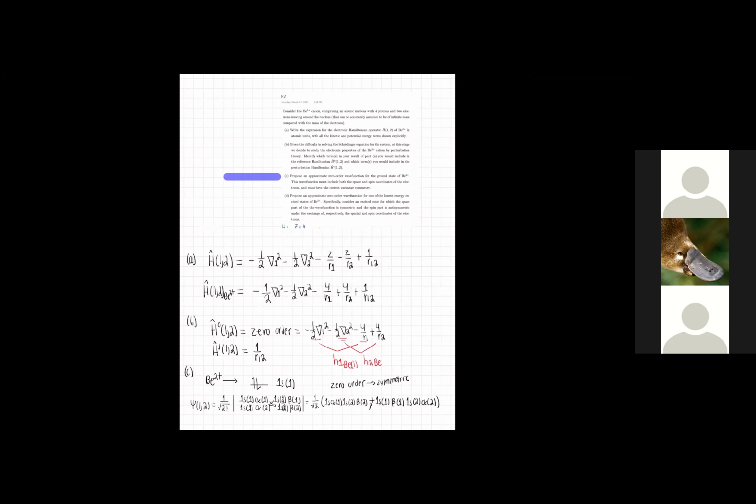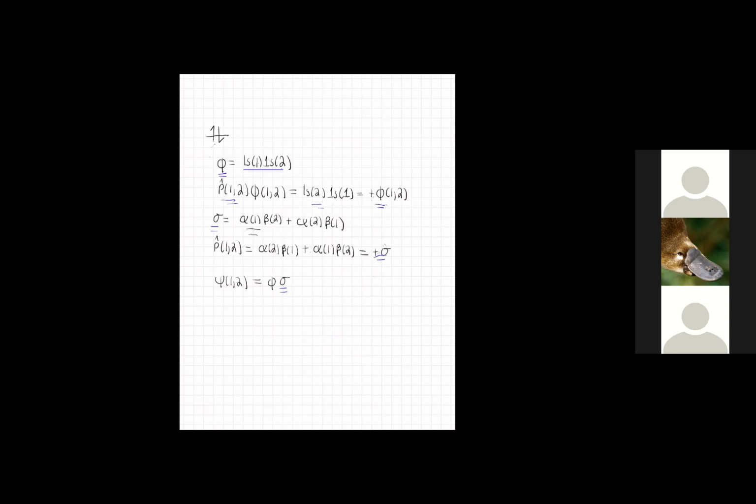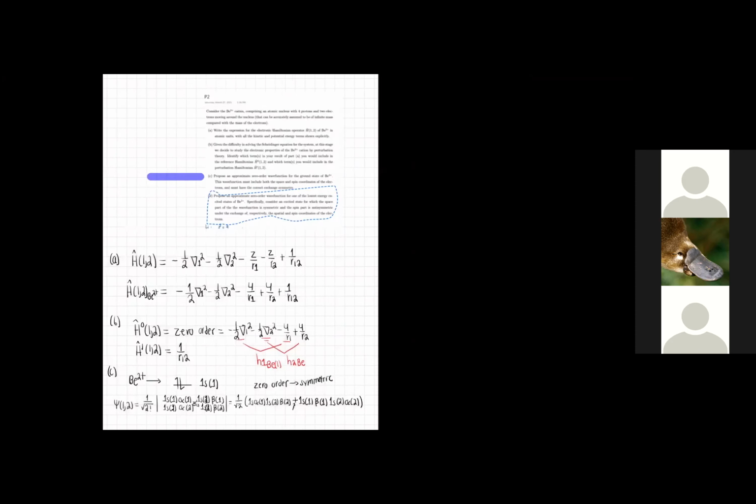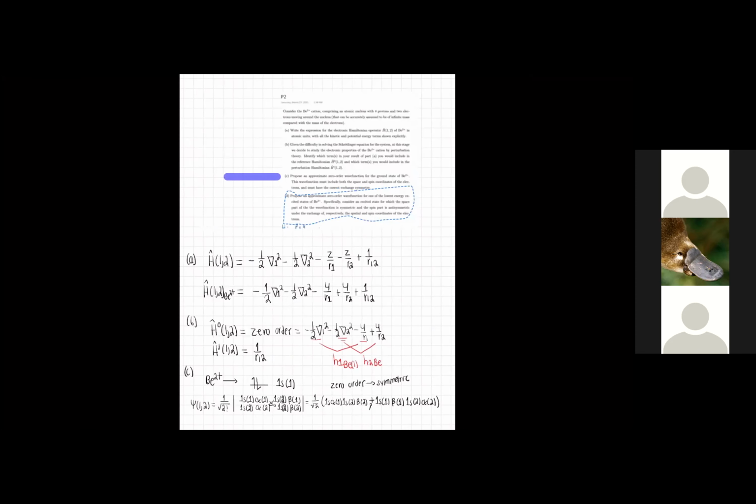Let's go to part C. Oh wait, we did part C. Part D is pretty much like part C, except we're talking about the zero order wave function.